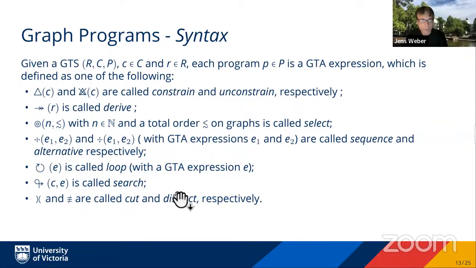And finally, we have a cut operator, which forgets the history of a grape sequence, and a distinct operator which filters out graphs that are identical up to isomorphism.